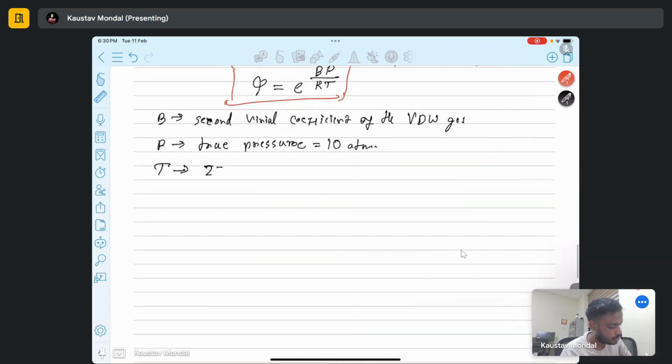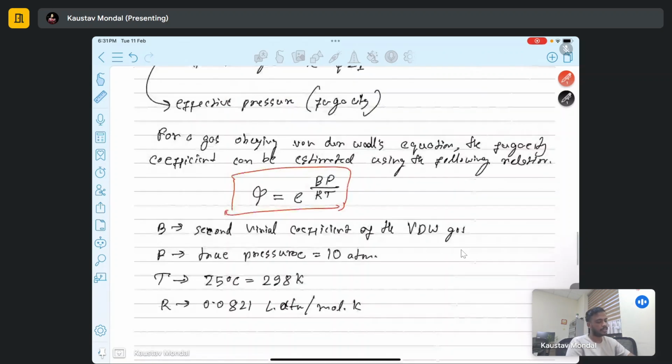So 25 degrees, and that means it's 298 Kelvin, and R is 0.0821 liter atm per mole Kelvin. Okay, this information is all given. Okay, so now let me explain what is the second virial coefficient.